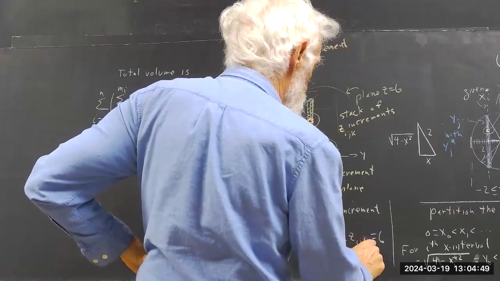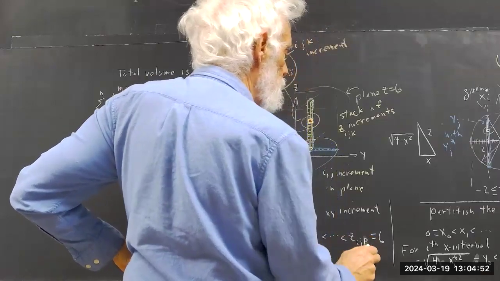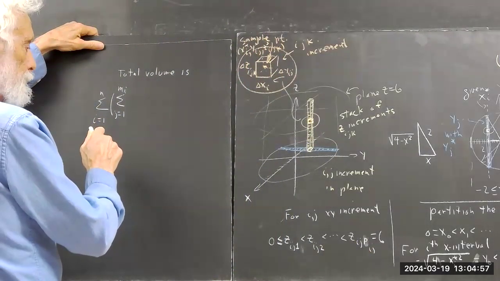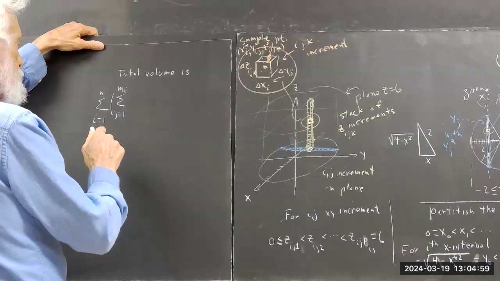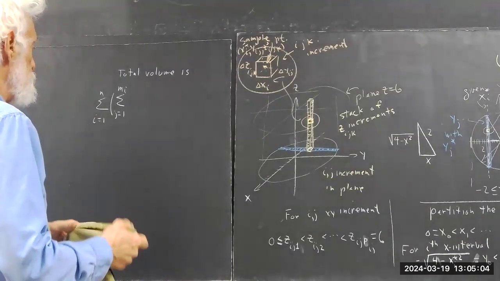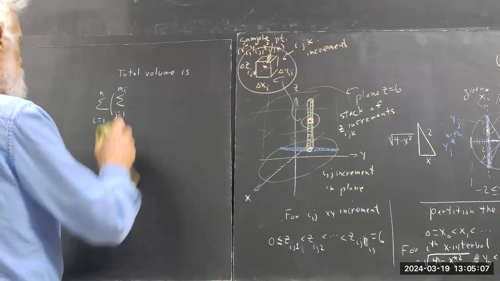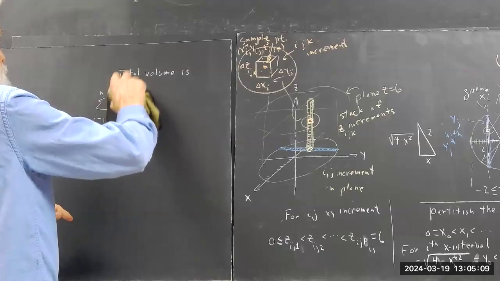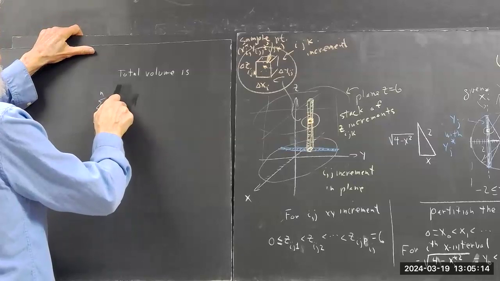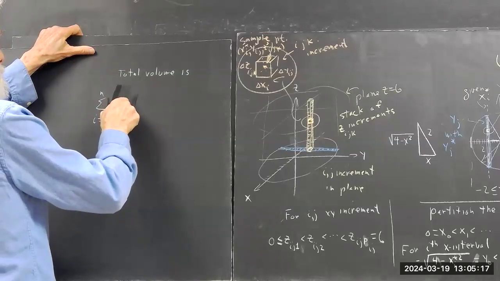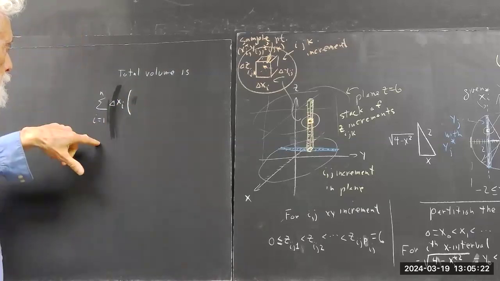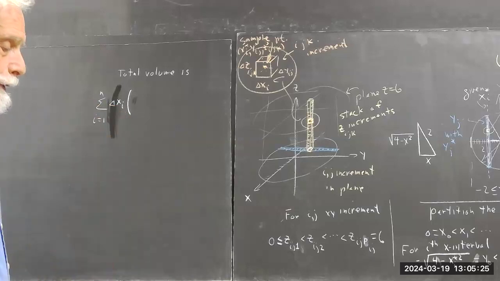I didn't like it when I did it. I'll call this P sub ij. Okay, I start by summing my delta x sub i's.